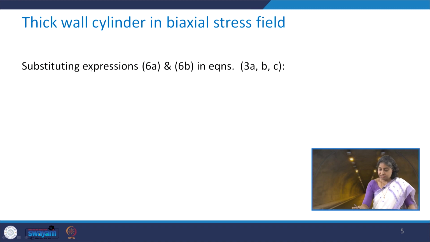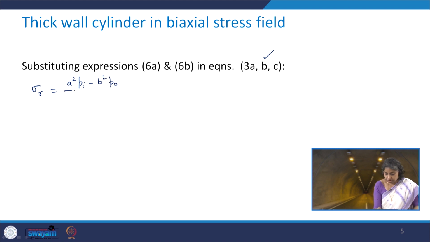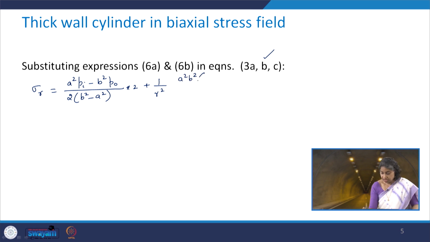Substituting this in equations 3a, 3b and 3c, we are going to get sigma r as a square p i minus b square p naught divided by 2 times b square minus a square into 2, plus 1 upon r square a square b square p naught minus p i divided by b square minus a square.